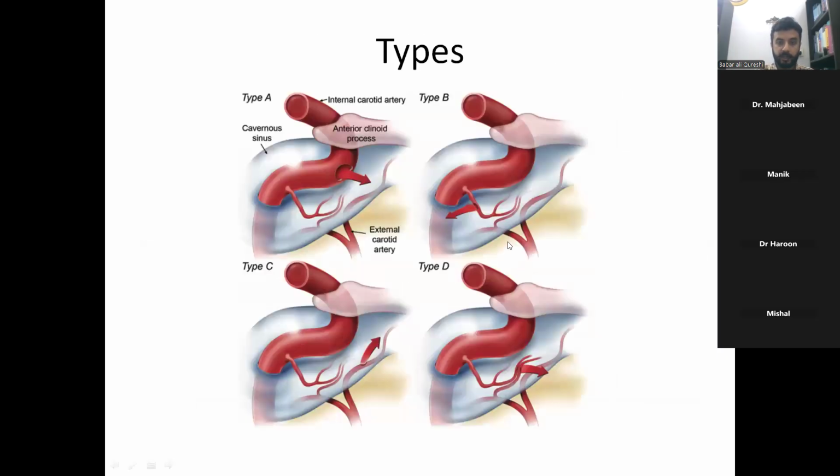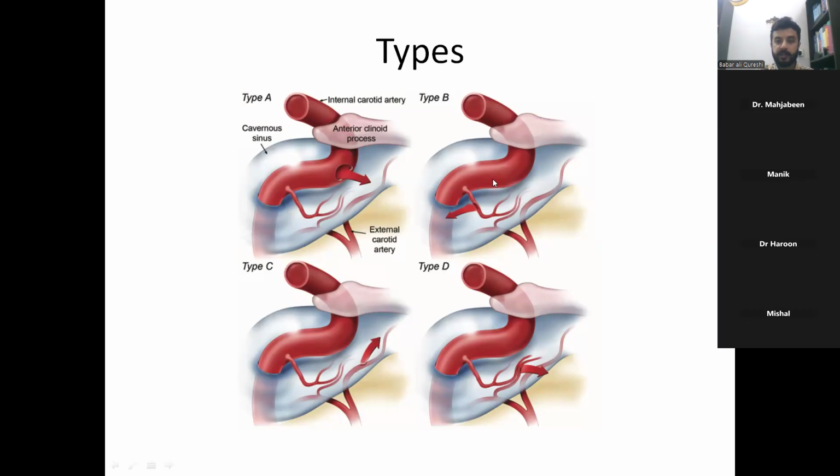अच्छा, इसमें हम दो maneuvers करते हैं. Let me show. Okay, these are the types of carotid cavernous fistula. It can either be direct. Direct में आ जाता है A, when from the internal carotid artery directly there is leakage of blood in the cavernous sinus. Type B, C, D are all considered indirect ones, or the low flow fistulas.